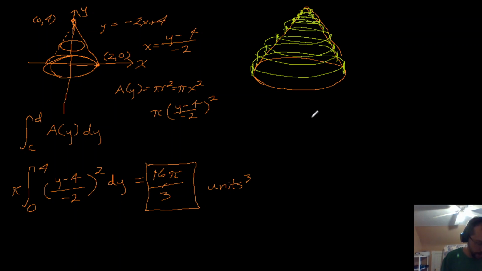What did I have here? I had another example. Okay, so for this other example, I want to keep this same line. We had y equals negative 2x plus 4, but build it into a different shape and see how that affects the setup of the integral.